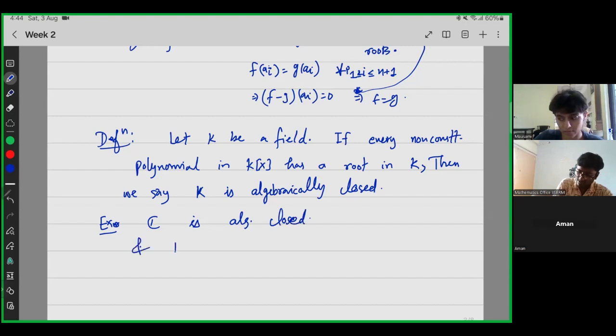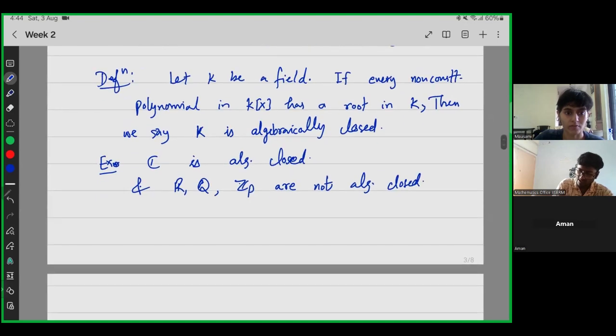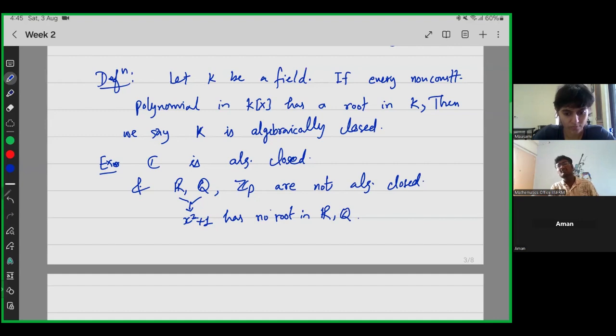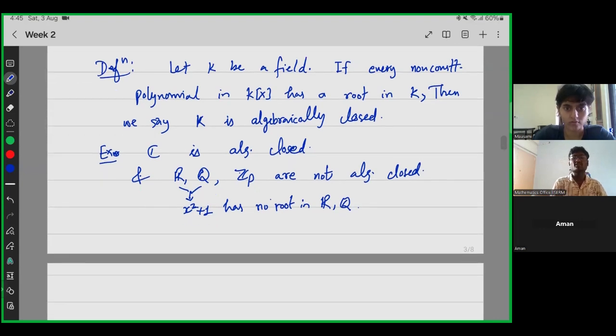And R, Q, and the finite fields Z_p are not. For R and Q, you can take the polynomial x squared plus 1, which has no roots. For Z_p, you can construct some degree 1 or 2 irreducible polynomial. So they are not algebraically closed.